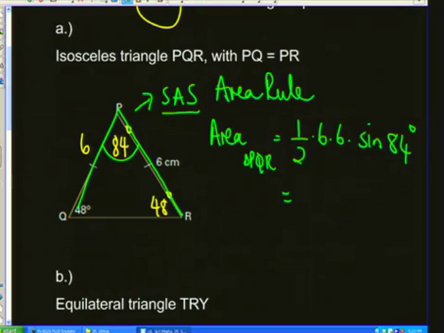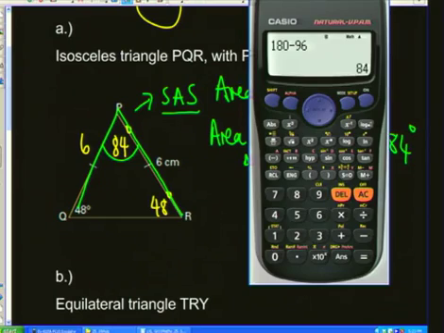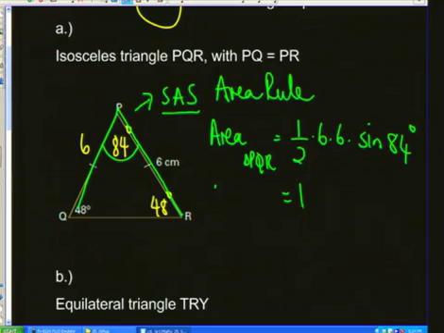And then we just need to find out what the sine of that is, and we're going to multiply that by 36 halved is 18. So we're left with 17,9. So the area is 17,9 squared centimeters.